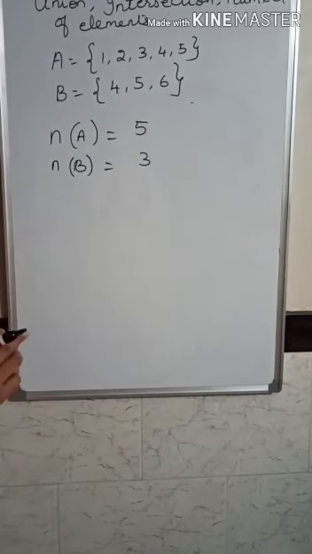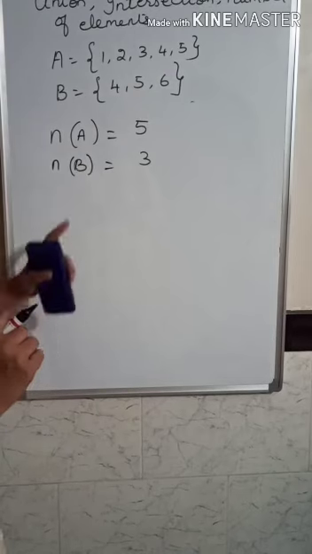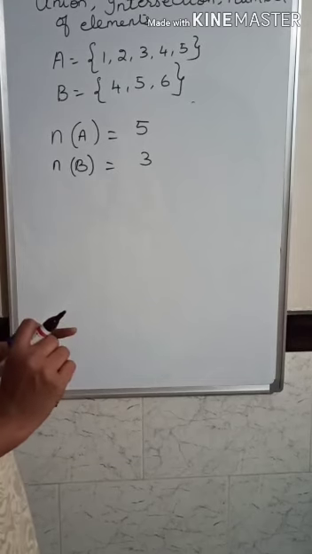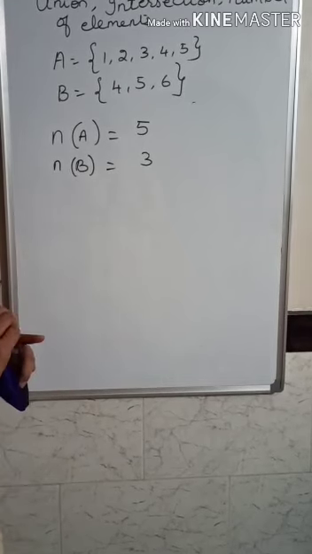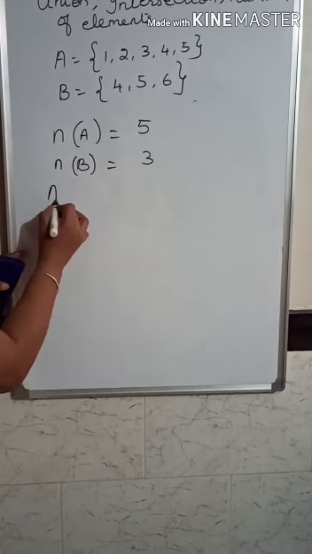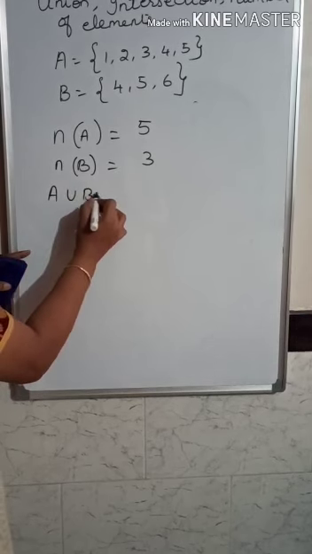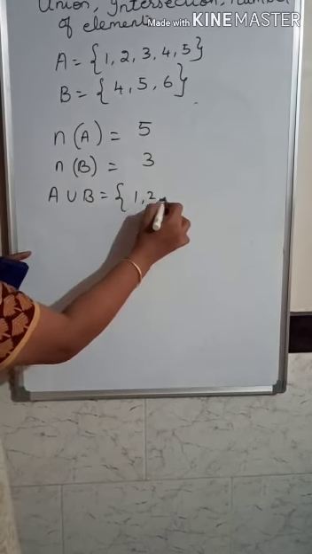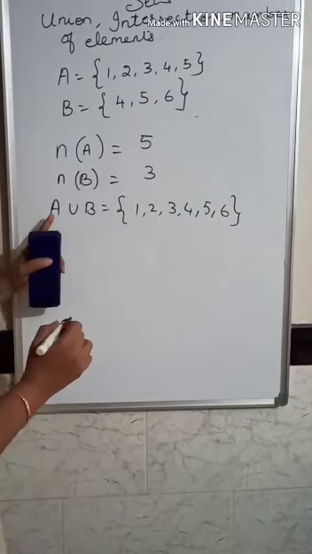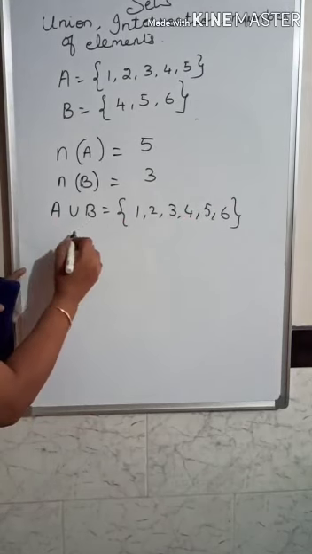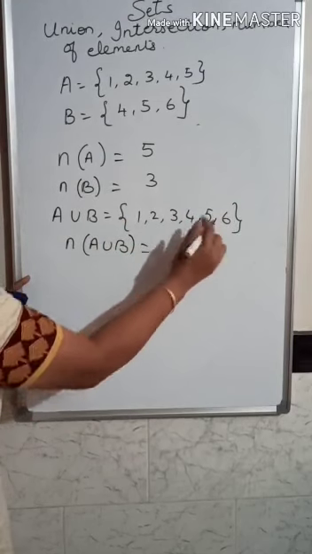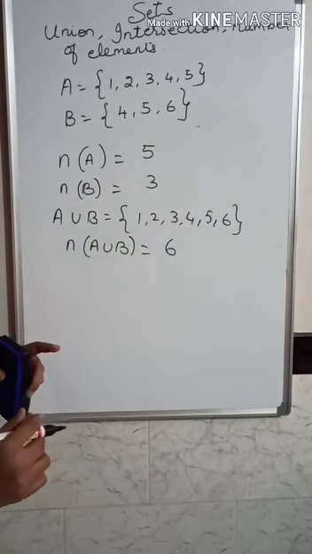Now there is a relation between union, intersection and the number of elements of the set. To understand what relation exists, first we need to find the union of sets and the intersection of sets. First we find A union B, which is 1, 2, 3, 4, 5, 6, and the number of elements n of A union B is equal to 6.